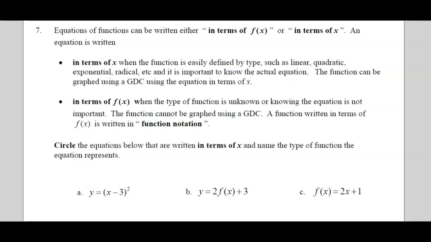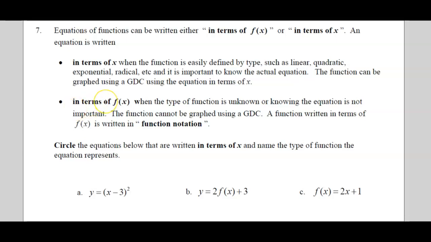It's when the function is easily defined by type, such as a linear, quadratic, exponential, all those functions we've learned and reviewed. And the function can be graphed using the graphing calculator. Basically, it's the definition of that function. Okay? F of x means you need to know what the function is to start. You can't put in y equals f of x in your calculator, right? You have to know what f of x is.